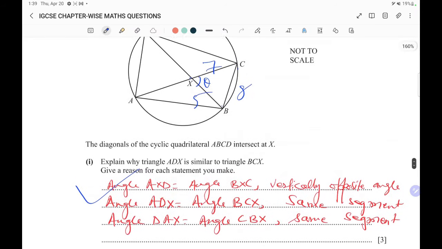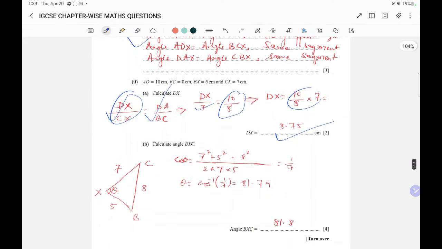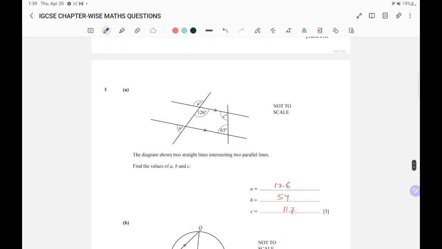So in this triangle, we have 3 sides, so we can easily apply cosine rule. So cos theta is adjacent sides square, so 7 square, 5 square, minus opposite square over twice of adjacent multiplication. So cos theta I got 1 over 7, theta is cos inverse 1 over 7, 81.8.